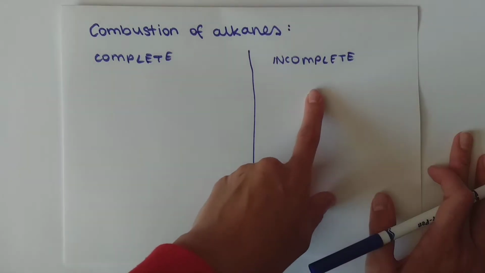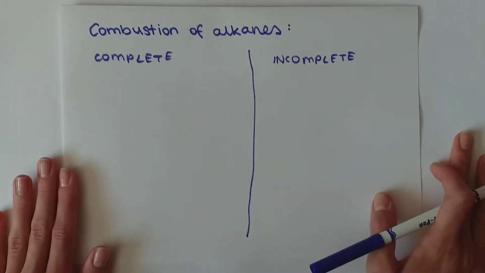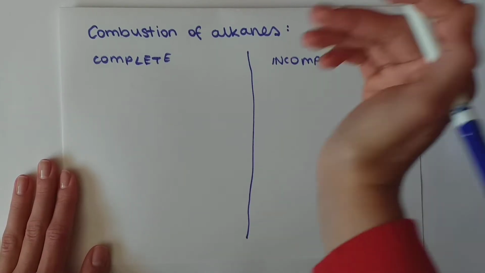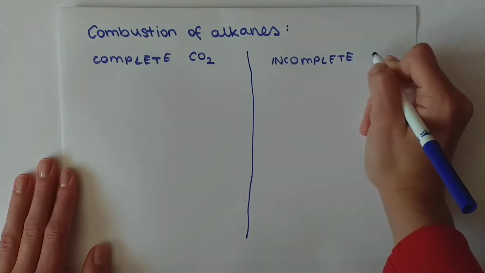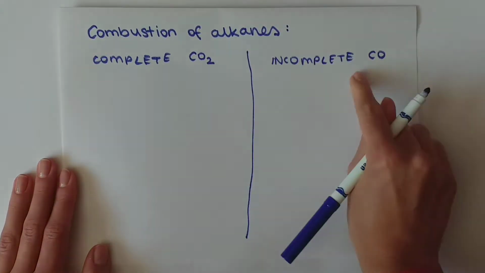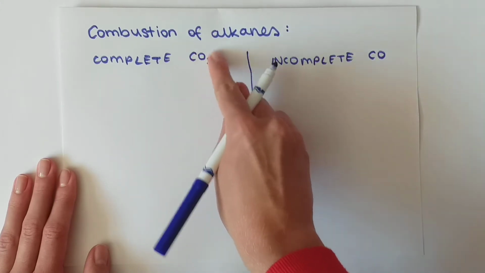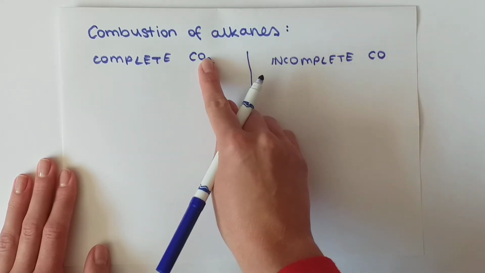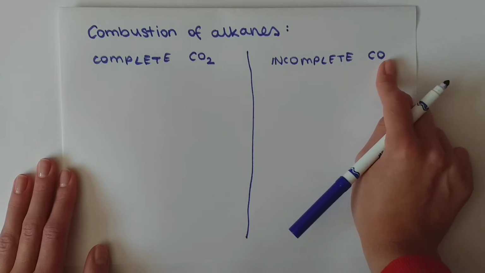In incomplete combustion, we have not enough oxygen to complete the reaction. Therefore, in complete combustion, we produce carbon dioxide, and in incomplete combustion, we produce carbon monoxide. Excess oxygen, so carbon dioxide. Not enough oxygen, so carbon monoxide.